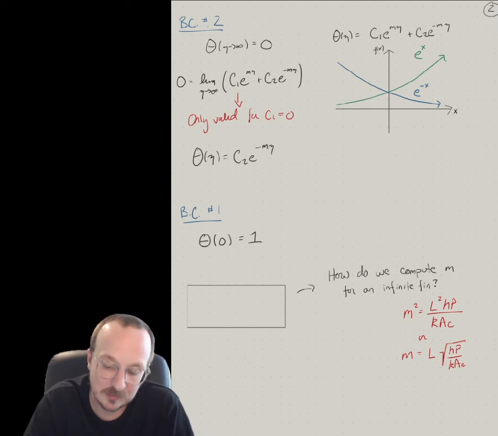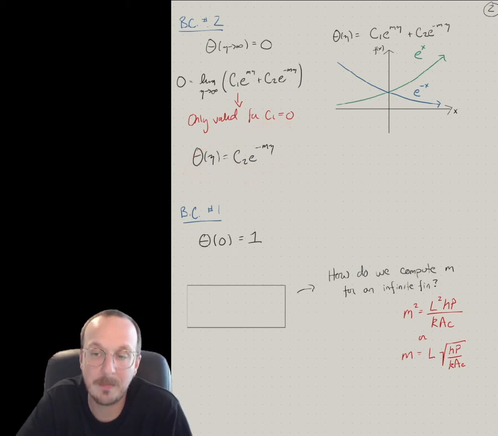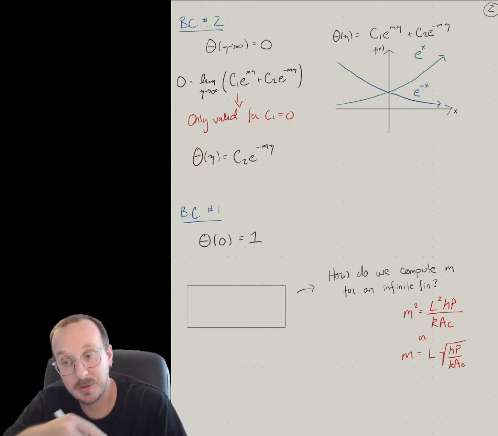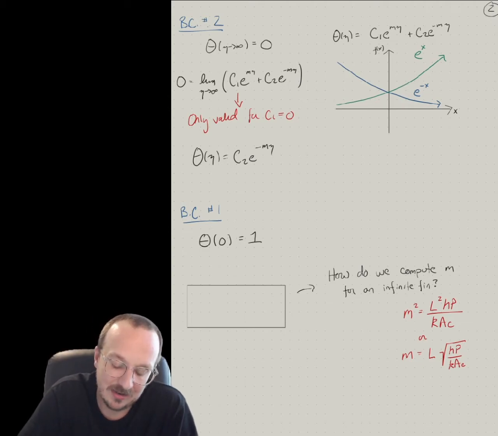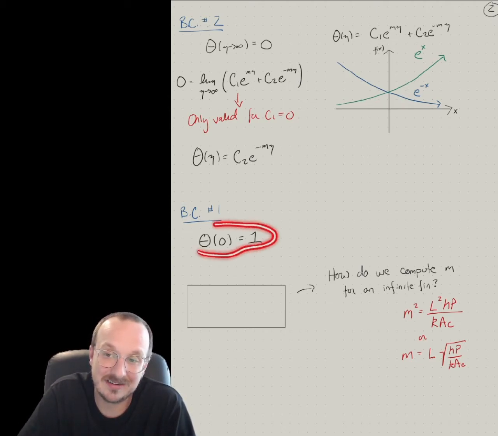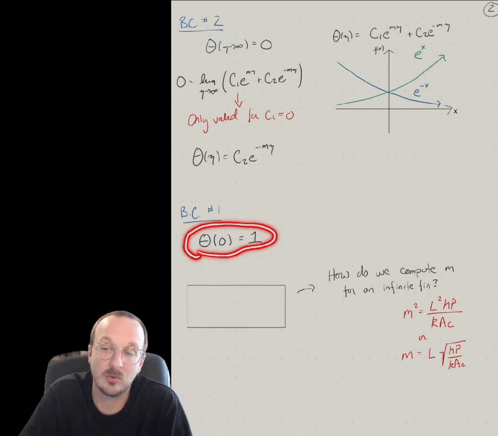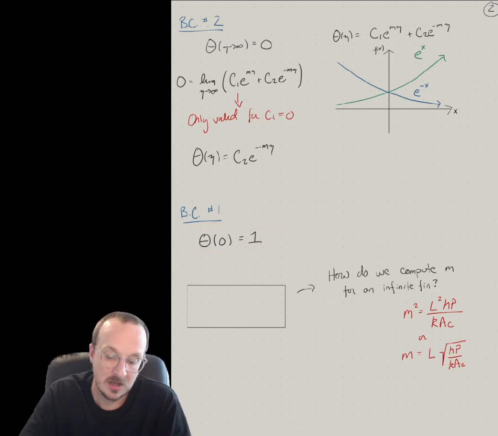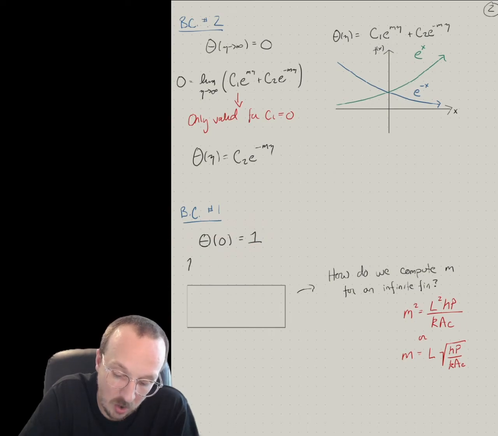Now let's take this expression and solve for C2, and we'll do that by plugging in the first boundary condition, which is that theta at z equals 0 is the base temperature, or theta equals 1. If we plug that in, it's 1 equals C2 e to the 0. e to the 0 is 1, so that just means 1 equals C2.